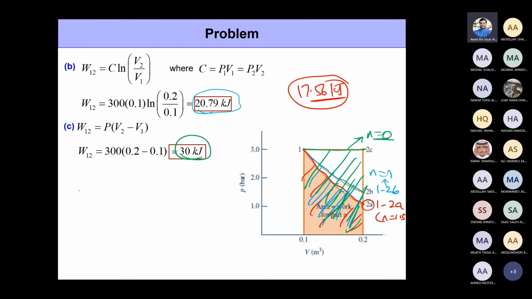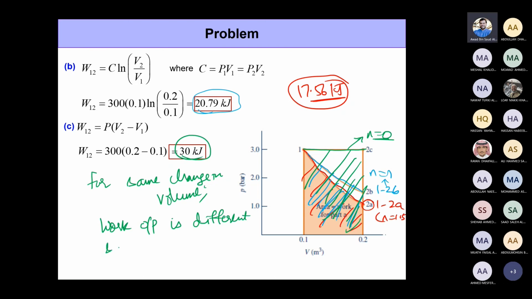So you can see that for the same change in volume, the work output is very different. It depends on how pressure changes, or the relationship between pressure and volume.